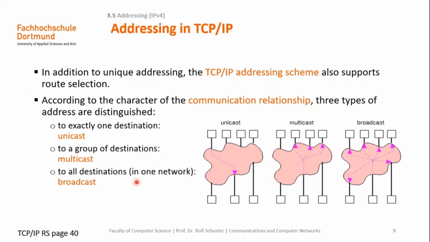And finally, we have the broadcast address, which is typically used to deliver a datagram to all other interfaces in a broadcast domain, within an IP network. Those are the 3 addressing types supported by the IP protocol.